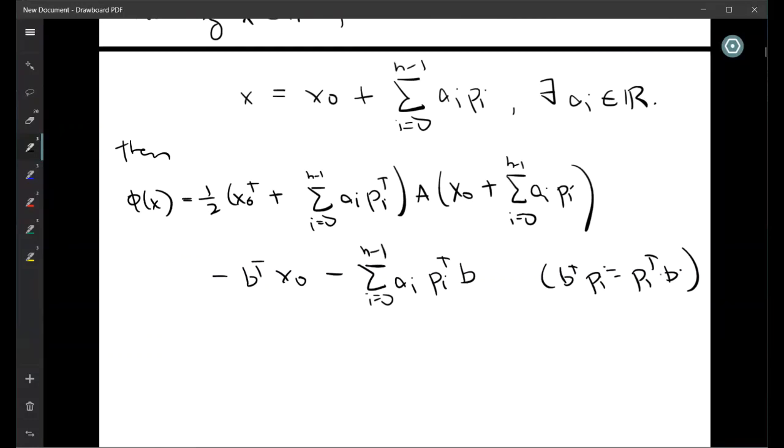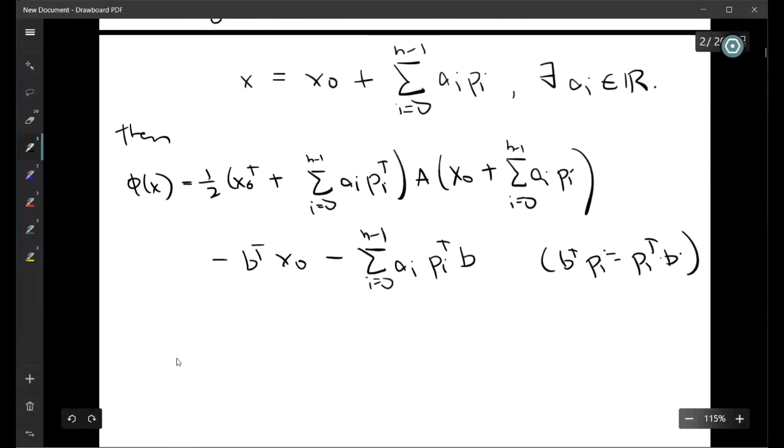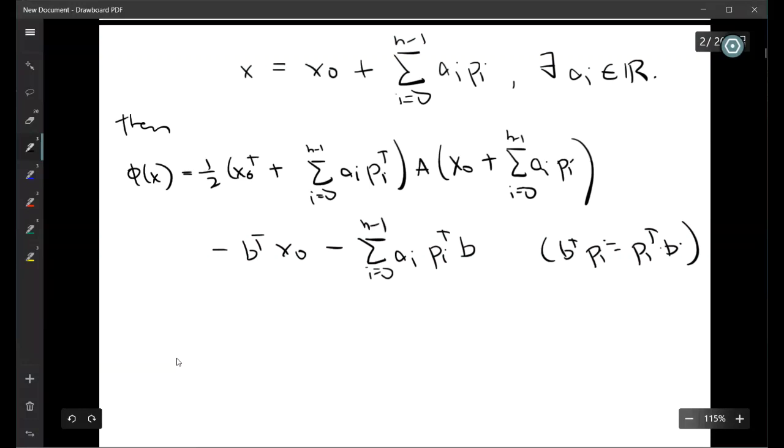And then by some expansion here, you can simplify this one as the following. Because if you multiply these two summations, you will get the following.